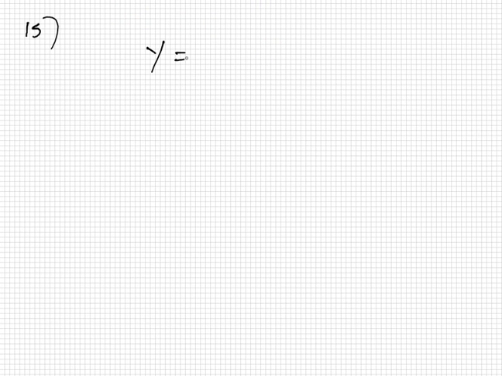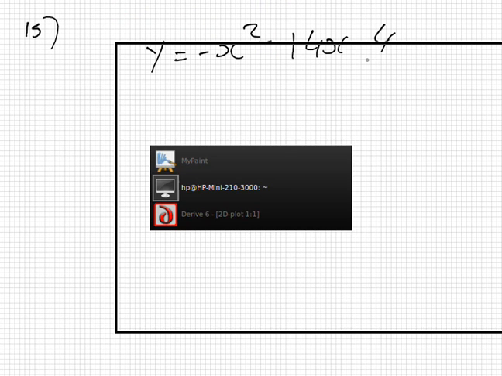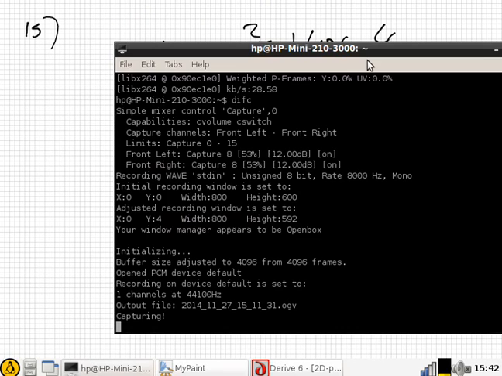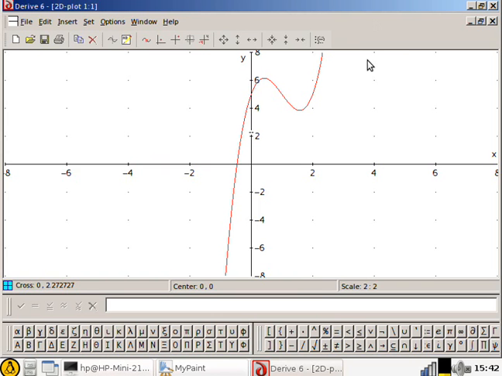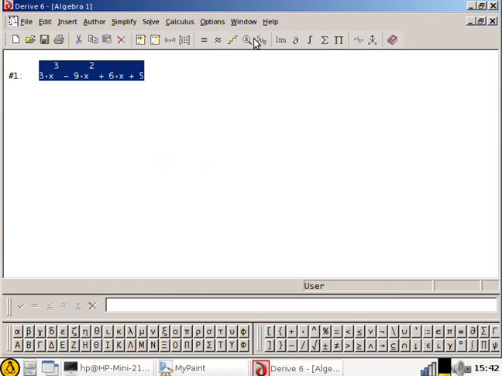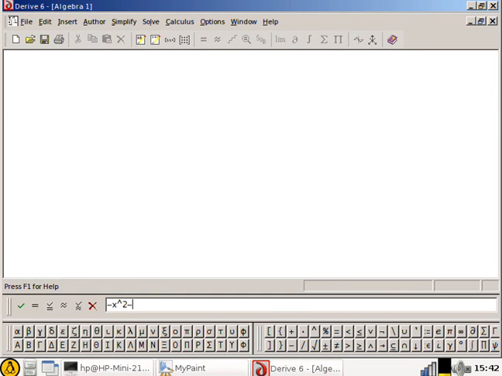I want to know, when is this function increasing? And before I solve it, I'm going to graph it. Minus x squared minus 14x minus 4. Okay, graph.